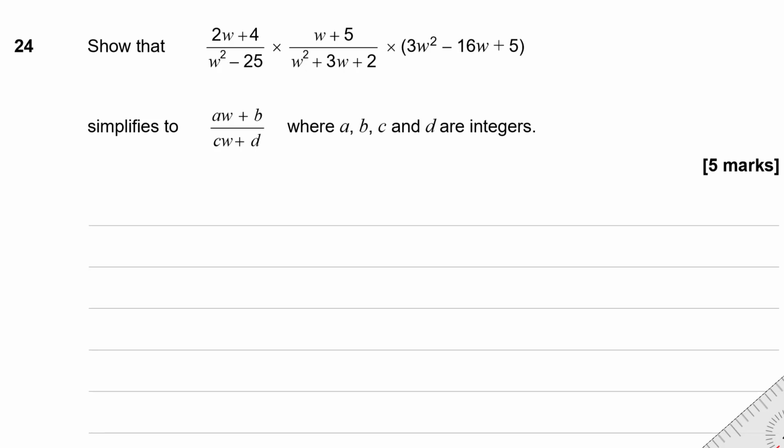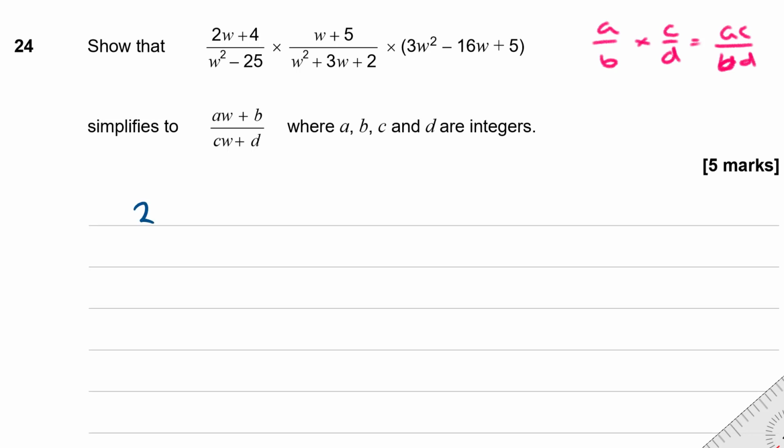If I have a much simpler fraction like a over b times c over d, we would say ac over bd. We'd just multiply the top with top, bottom with bottom, and then we'd see if we can cancel anything out. That's exactly what we're going to do here. We're going to put all of this over into one fraction and then see if we can cancel anything.